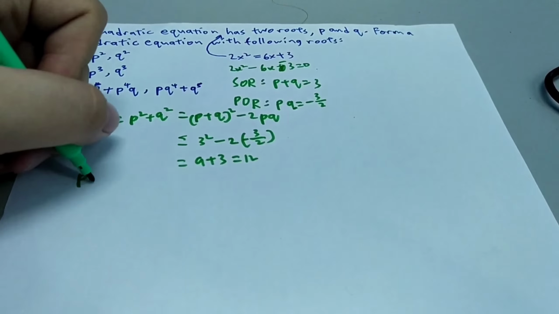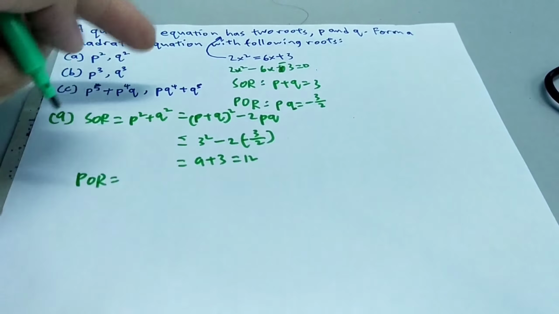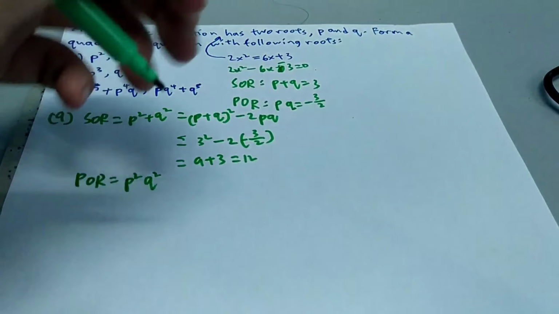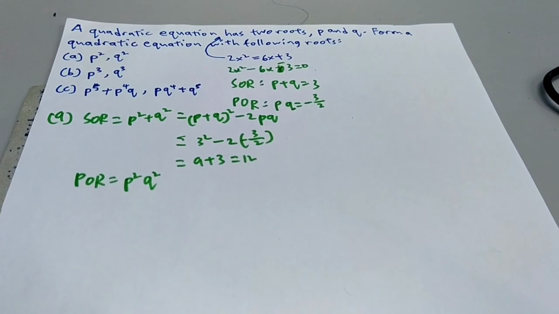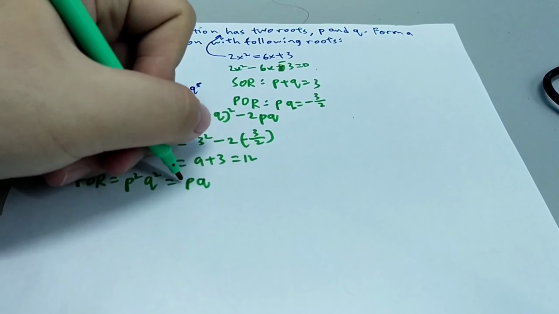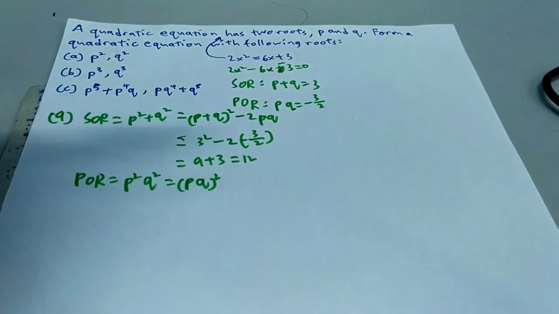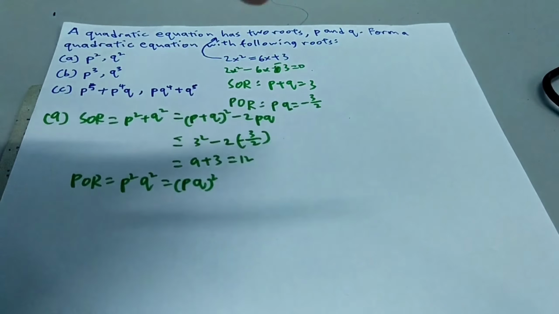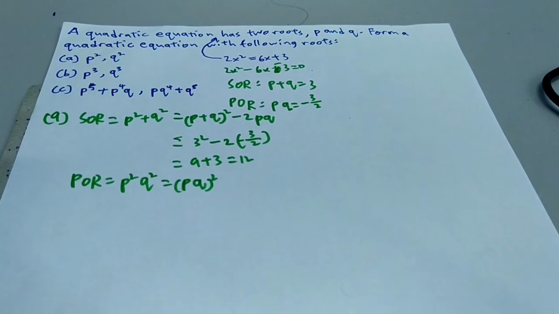The product of roots is equal to p squared times q squared. By using the law of indices, we can take the square out of pq. So it is equal to p times q bracket squared, and then we plug in the product of roots here.